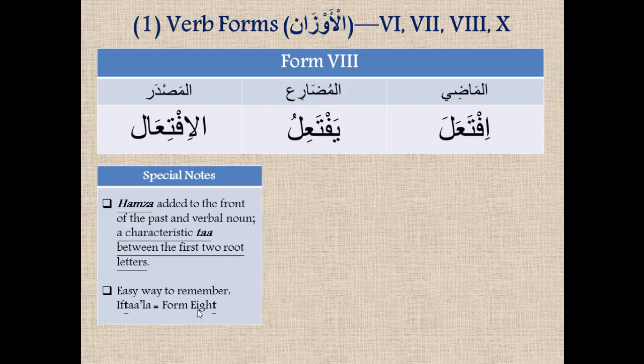So for Form 7 we have infa'ala. For Form 8 we have ifta'ala. So the n and noon and the ta and t sounds are easy ways for us to remember Form 7 and Form 8. Just a coincidental correspondence in the English and Arabic phonetics.